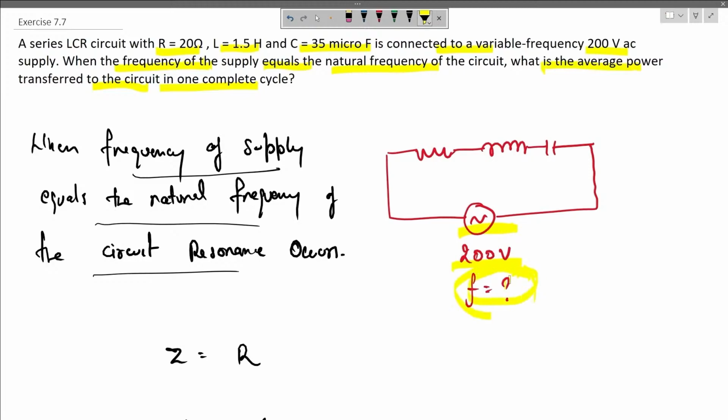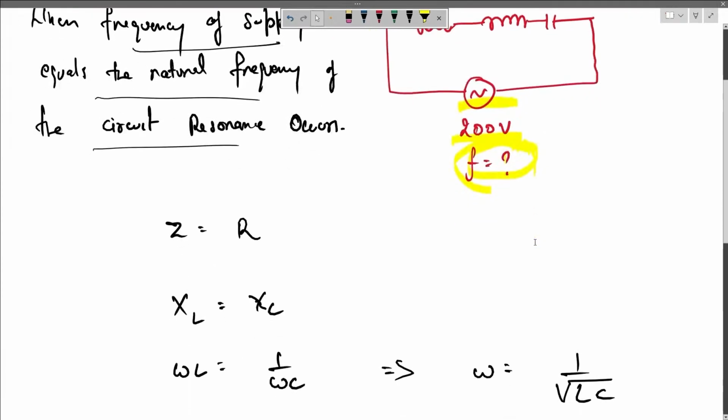Now we have to find out the frequency at which the natural frequency of the circuit is met, or where resonance happens. And at resonance, what is the average power transferred to the circuit in one complete cycle? Now we know that resonance in the LCR circuit occurs when the inductive reactance equals the capacitive reactance.